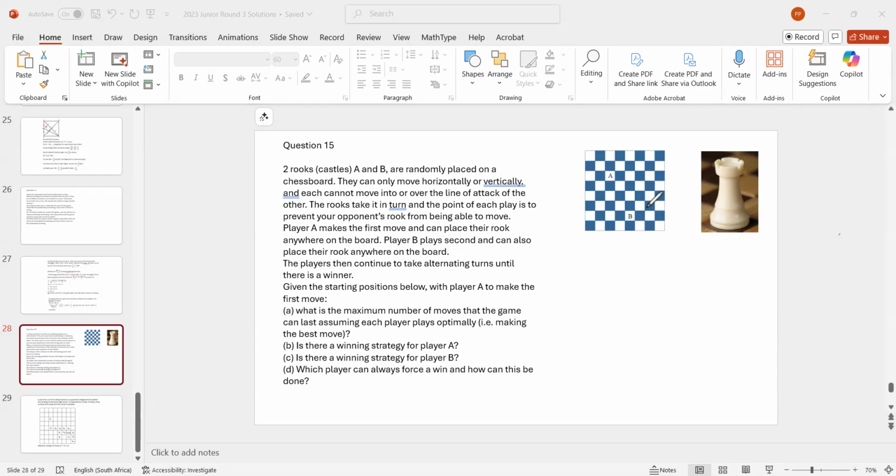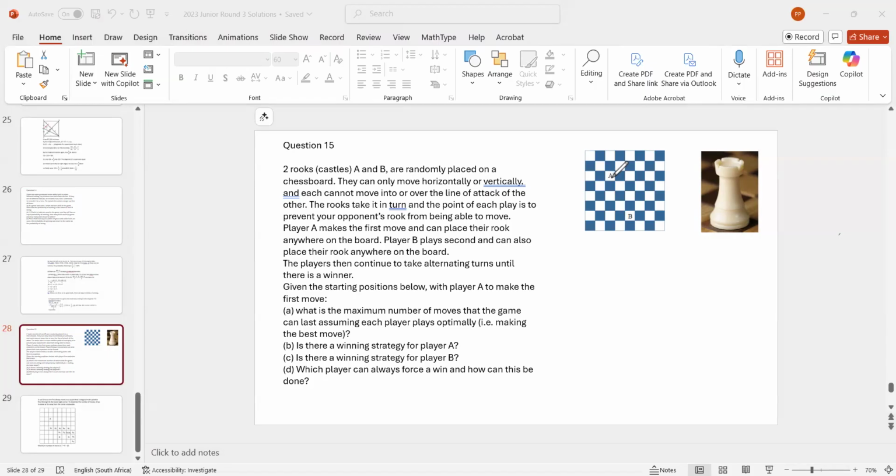Oh, actually, they need not be the same, but we can assume this one is black and one is white. But you got these two rooks which are placed like this. See, given the starting positions below, with player A to make the first move. So the rooks are placed here.